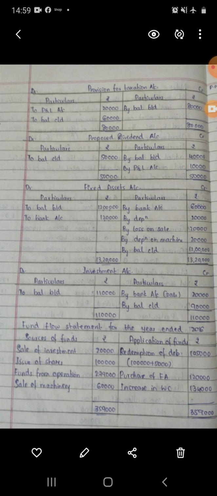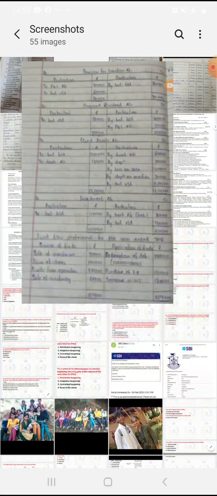Sometimes they ask to prepare only the second statement, the funds from operations, then it's enough to prepare only the second. Otherwise, if they ask to prepare the fund flow statement, then you have to prepare the first two statements, changes in working capital and the calculation of funds from operations by preparing the adjusted profit and loss account.